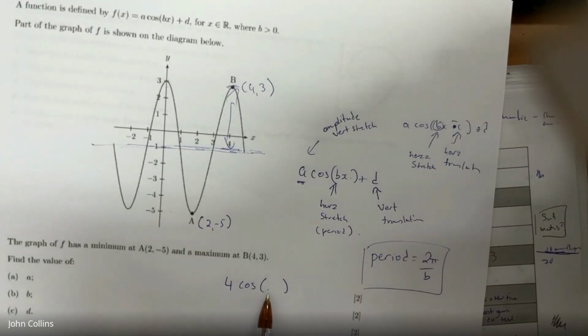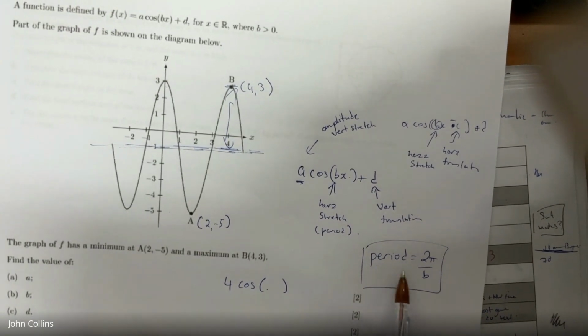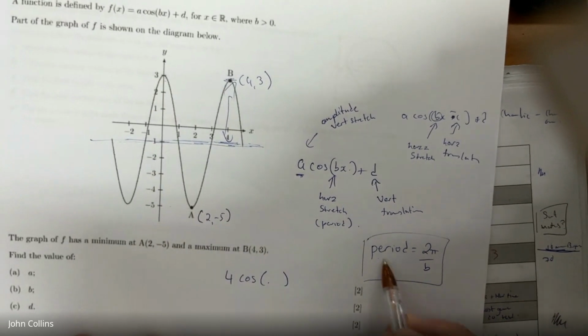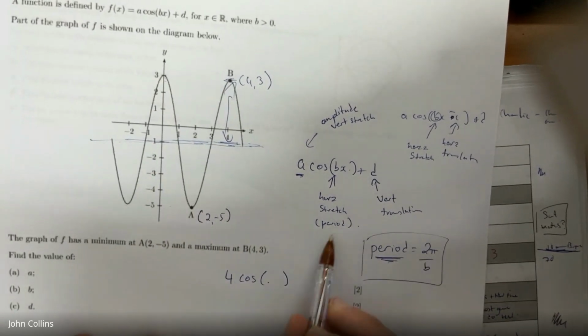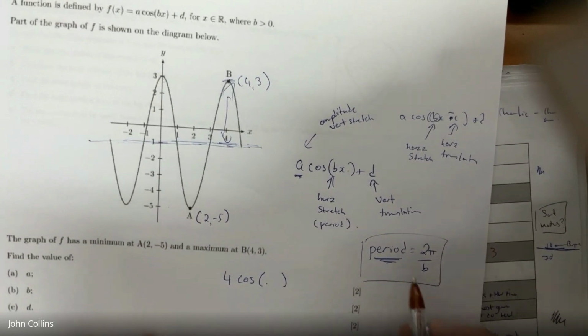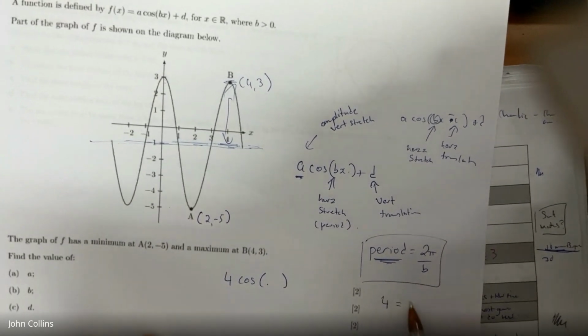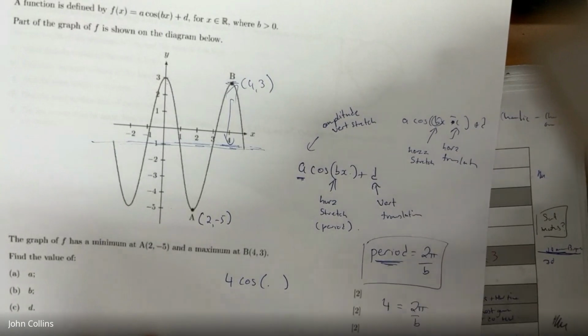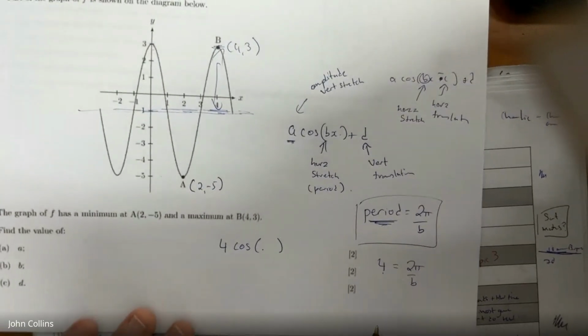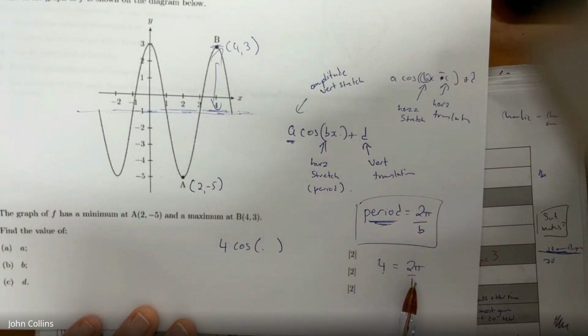It won't be the b. You have told me from max to max is 4, and that's correct. That's the period, not the stretch. So pi... 4 equals 2 pi over b. So I've written in the period what you can read off the graph as the period. What is b going to be then?